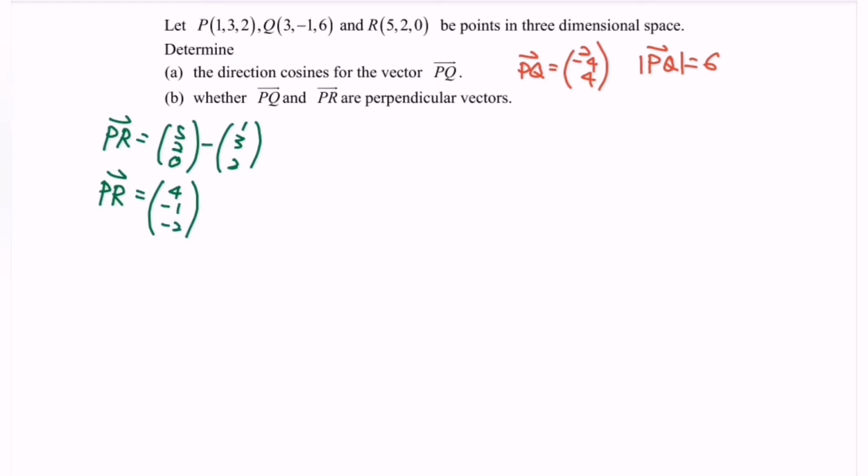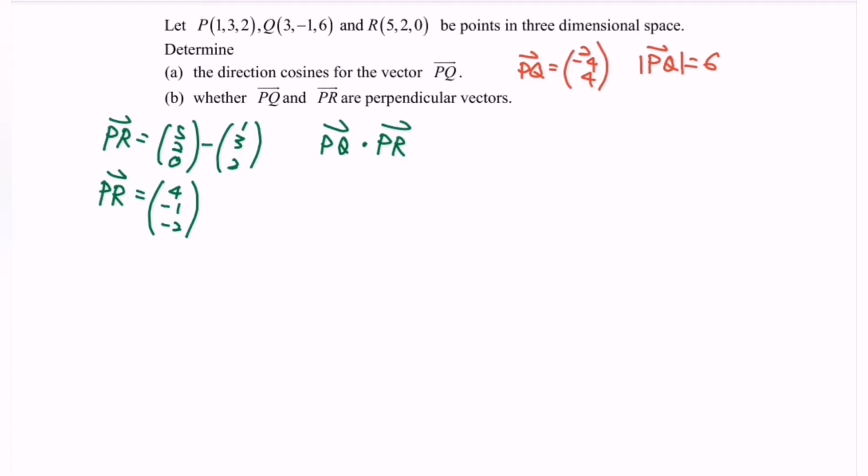Next, the question asks whether the two vectors are perpendicular vectors. So we know that we have to show PQ dot with PR. If the result is equal to 0, it means that they are perpendicular to each other.